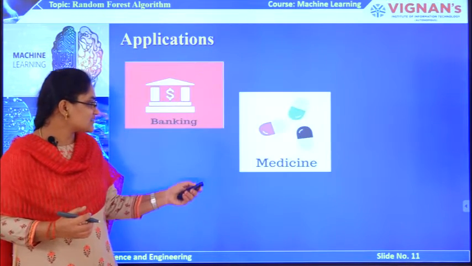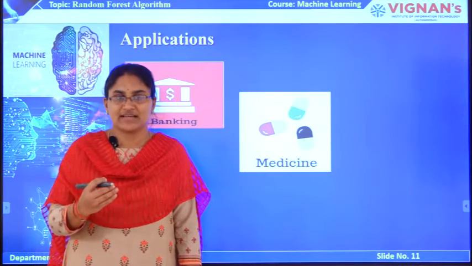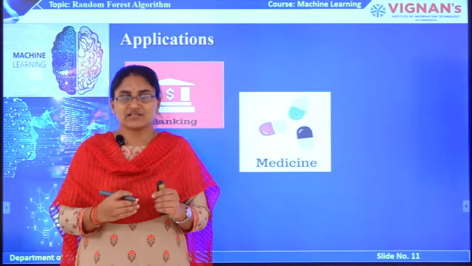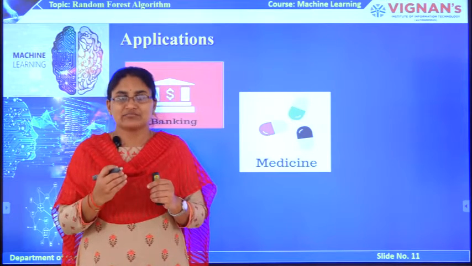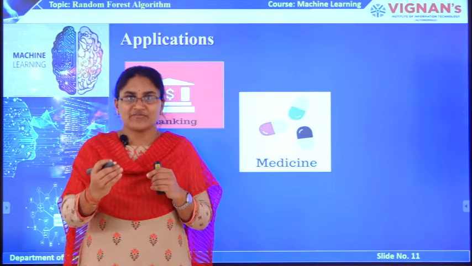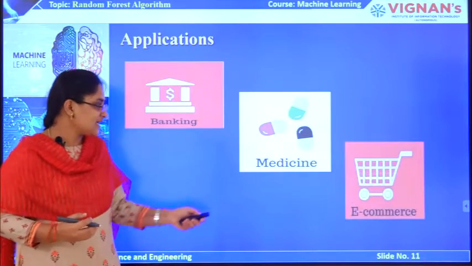The next application is medicine. Here the random forest algorithm is used for patient illness prediction, and also for determining the particular medicine or medical components provided for that particular ill patient. The next application is e-commerce.